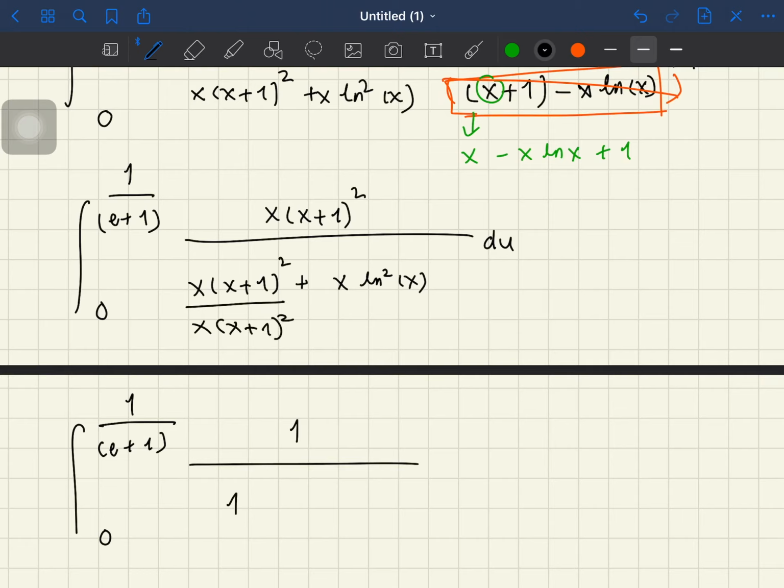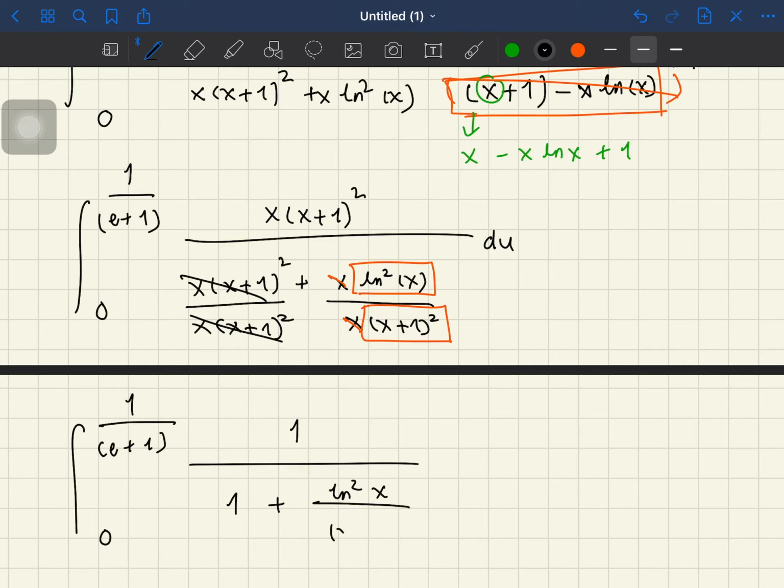So you separate them like a partial fraction, simplify, and get 1. Then in the other term, you cross out this x, leaving ln squared x and x plus 1 squared.